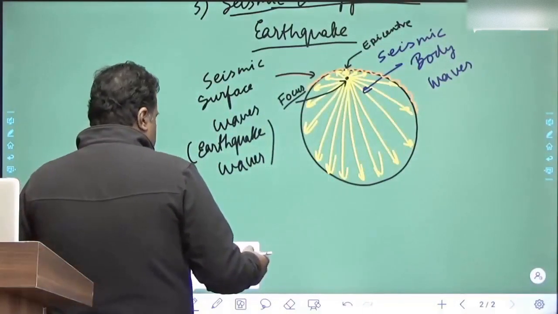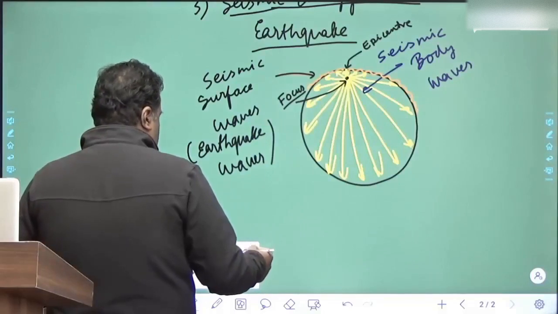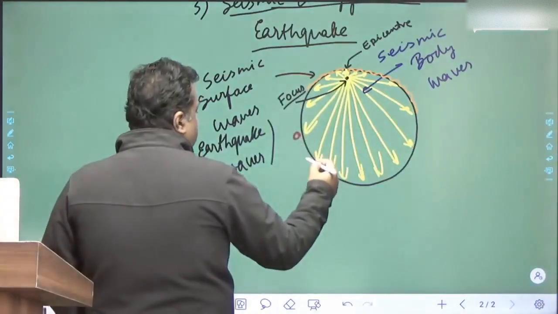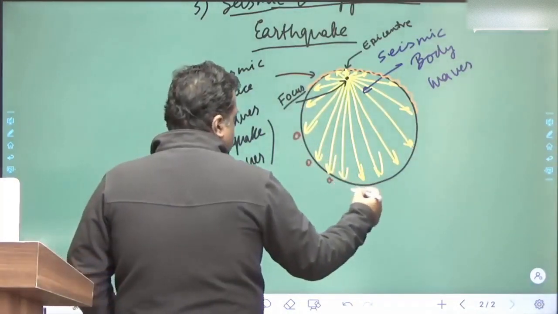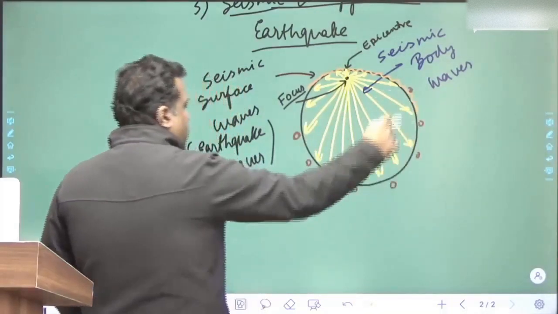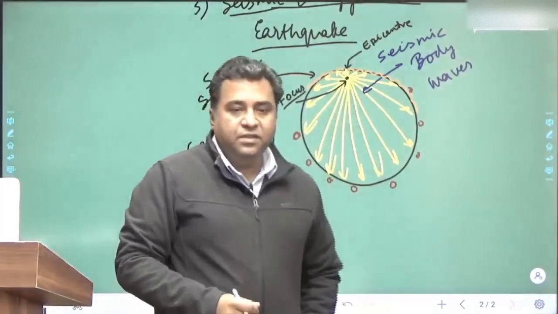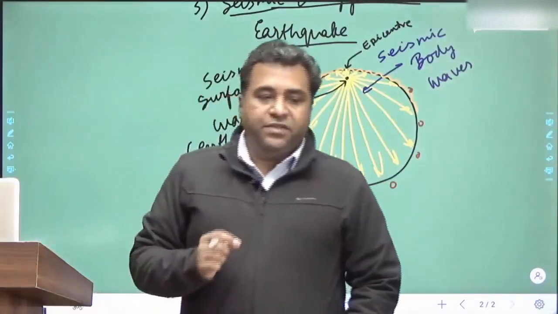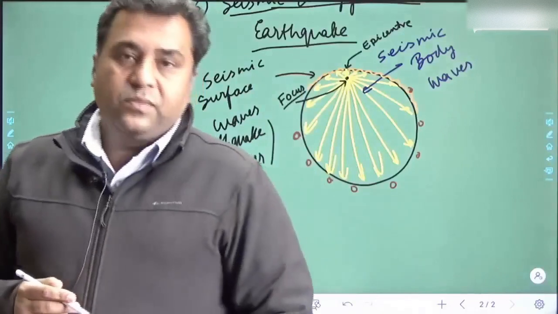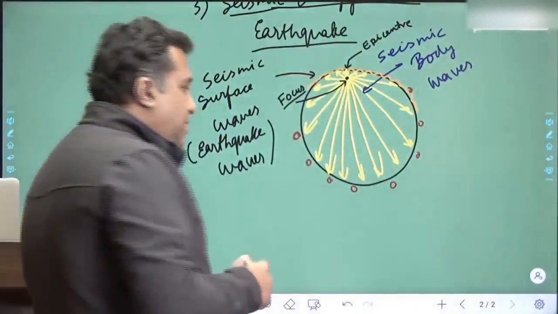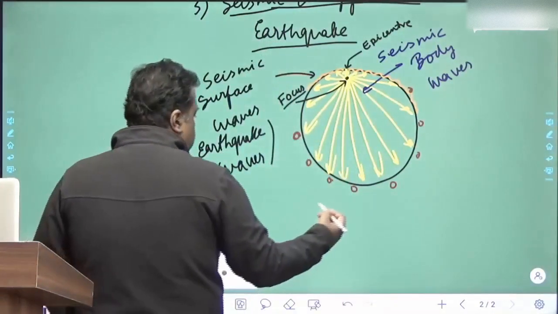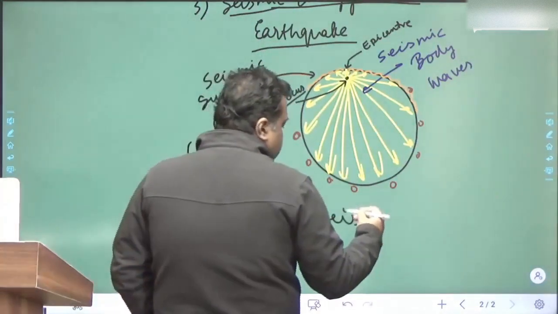we can use devices such as seismographs at different locations. Suppose these dots, these circles, are the devices. The name of the device is seismograph.